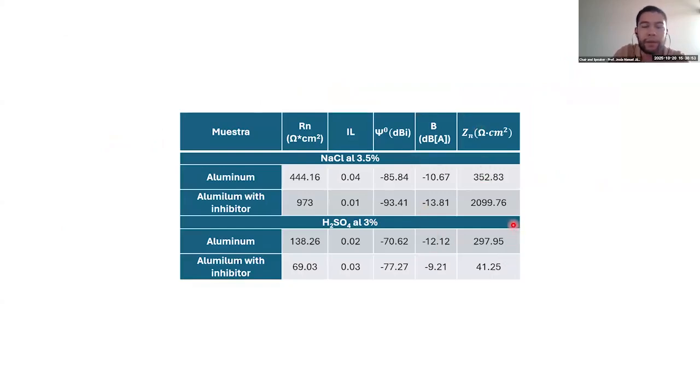This occurs due to a passivation phenomenon, because as aluminum is in sulfuric acid, it tends to generate some oxide layer, and in electrochemical noise you are measuring the first layer as impedance, unlike potentiodynamic polarization. It's a sensitive test.